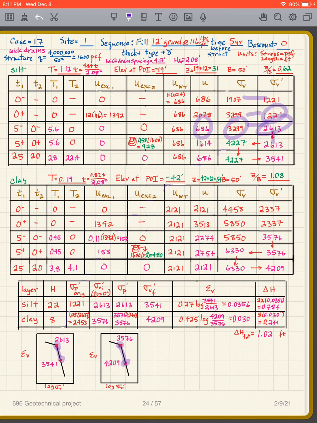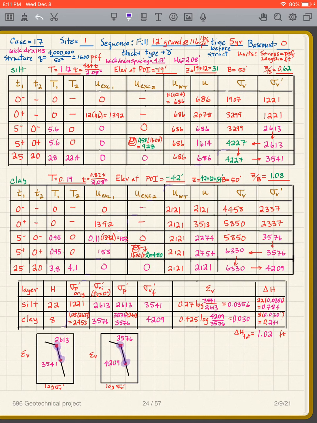Once I have that, it goes down here. I already have my U's, so I add these two together to give me this. And this goes down to there. Subtract the pore pressure, that gives us this. So we get all our sigma V primes at the various times.